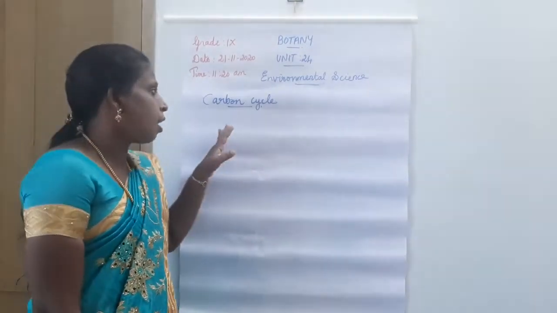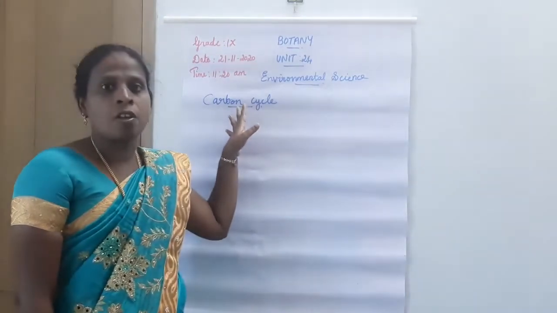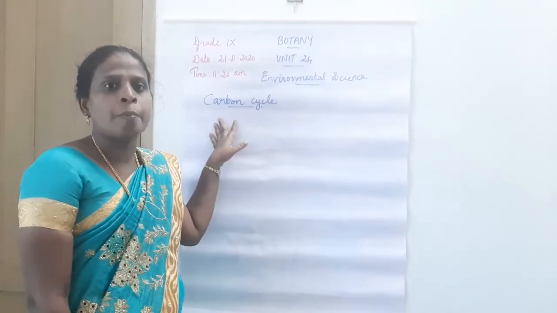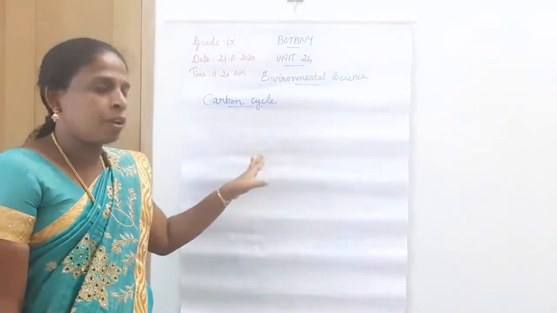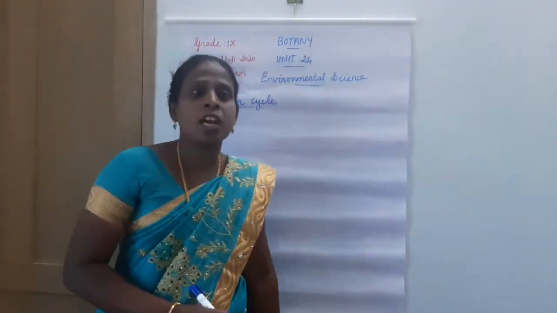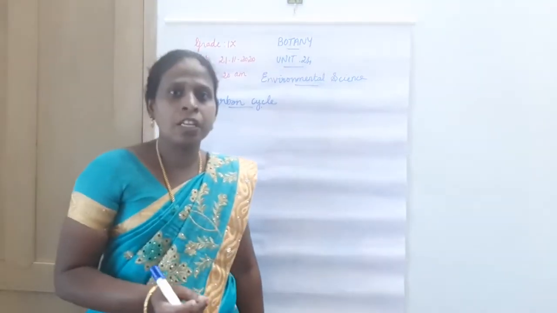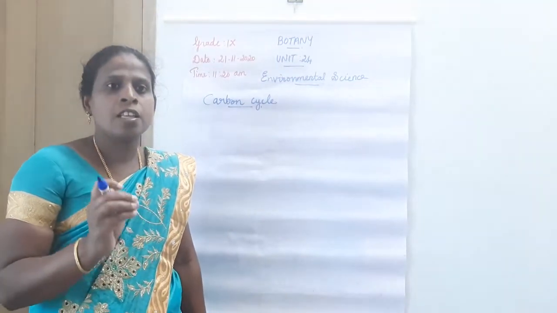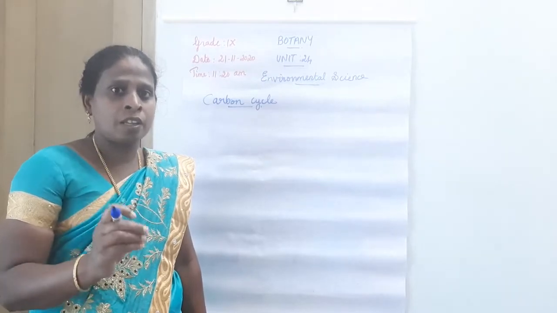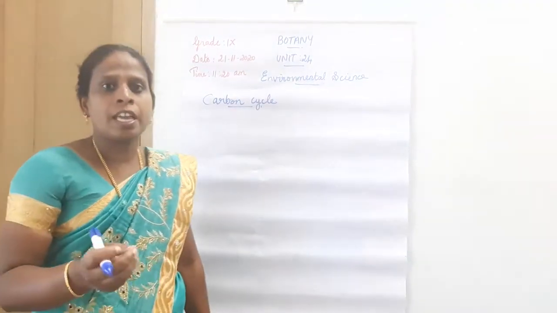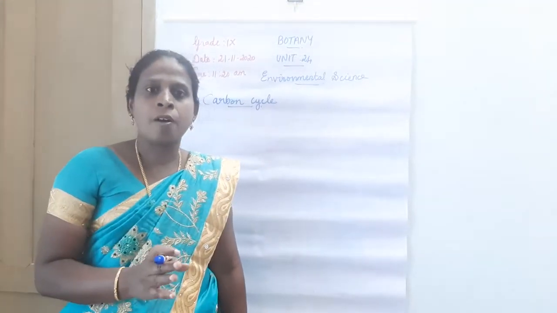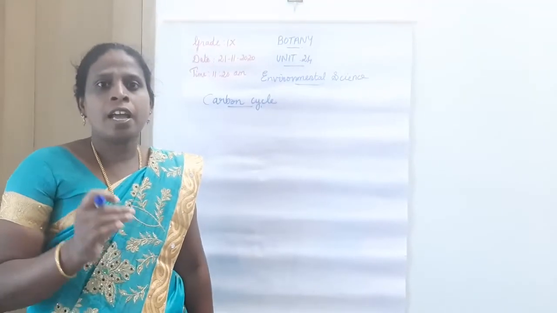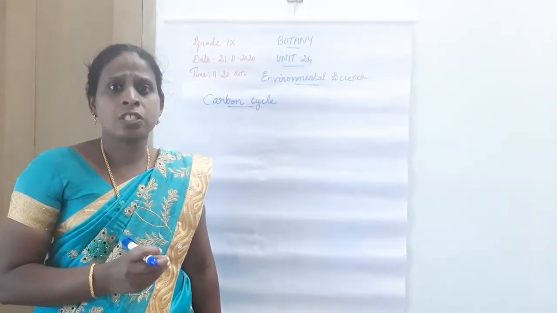The elemental forms of carbon present on the earth are graphite, diamond, etc. And the combined forms are carbon monoxide, carbon dioxide and carbonate salt.